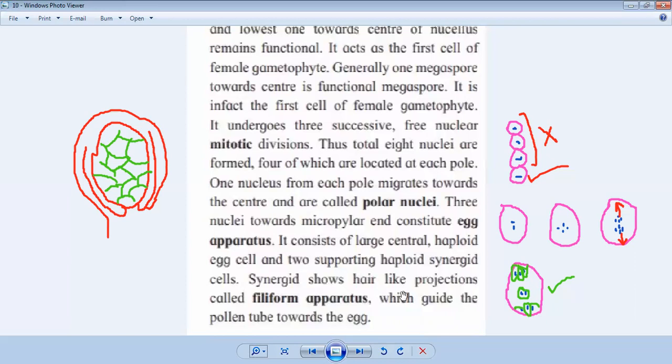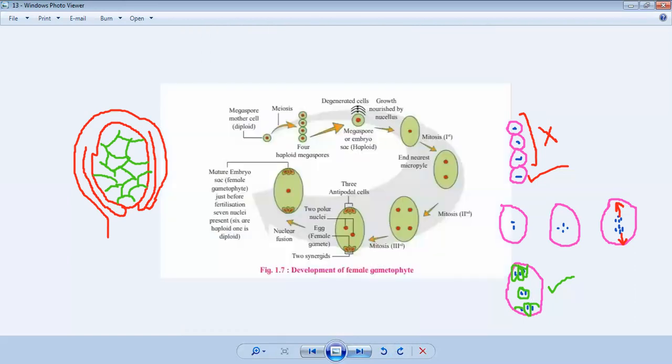Synergid shows the hair-like projections called a filiform apparatus, which guide the pollen tube towards the egg. Okay, so the egg apparatus is present at the micropolar end, which consists of the large egg cell, which is haploid in nature, and 2 subsidiary cells, which are called synergid cells. At the upper side, the 3 antipodal cells are there, and at the center, the secondary nucleus will be there. So this is the full form of the development of the female gametophyte.